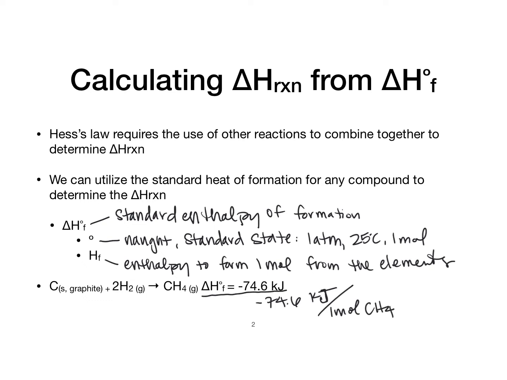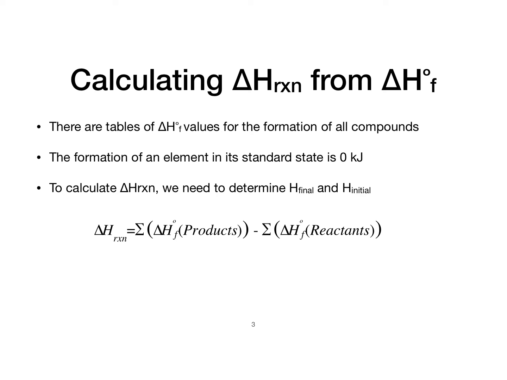So in this case, we can calculate delta H reaction for lots of things from a formation reaction. There are tables of values for the formation of all compounds, or you can use other values in order to come up with this.